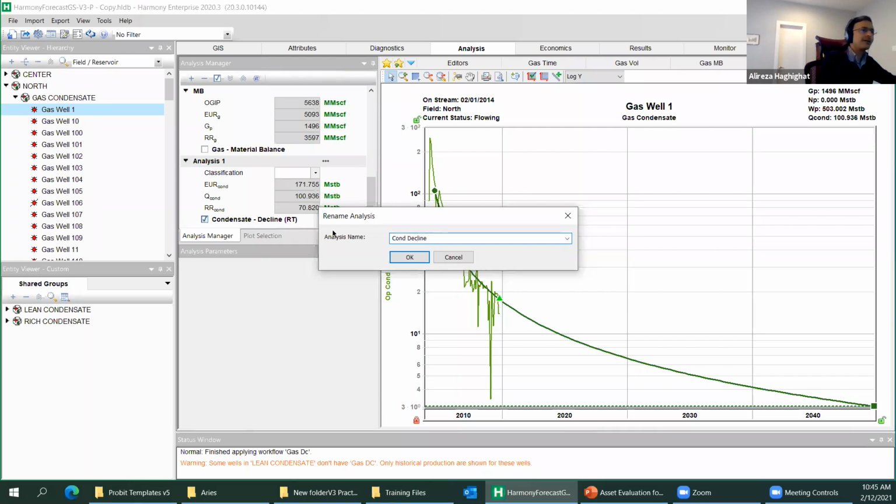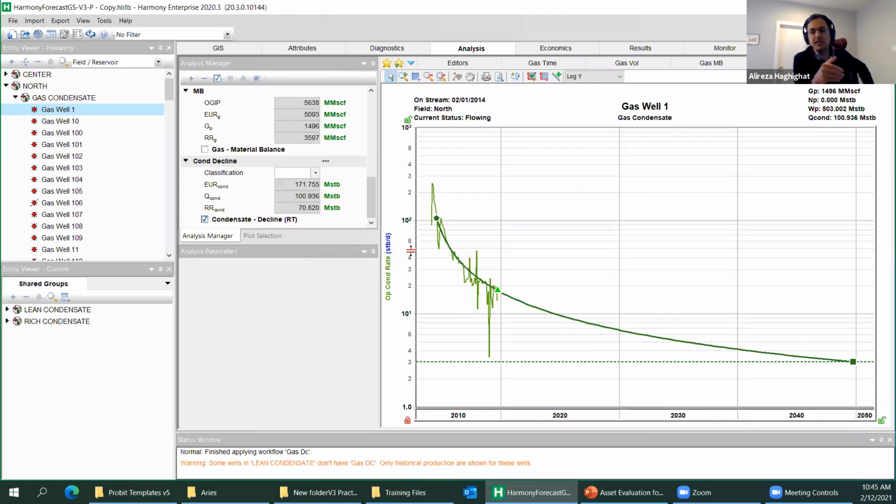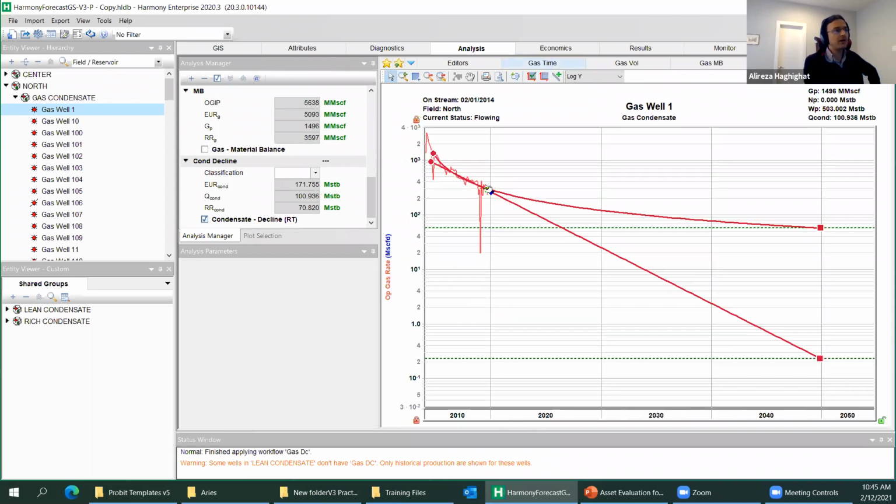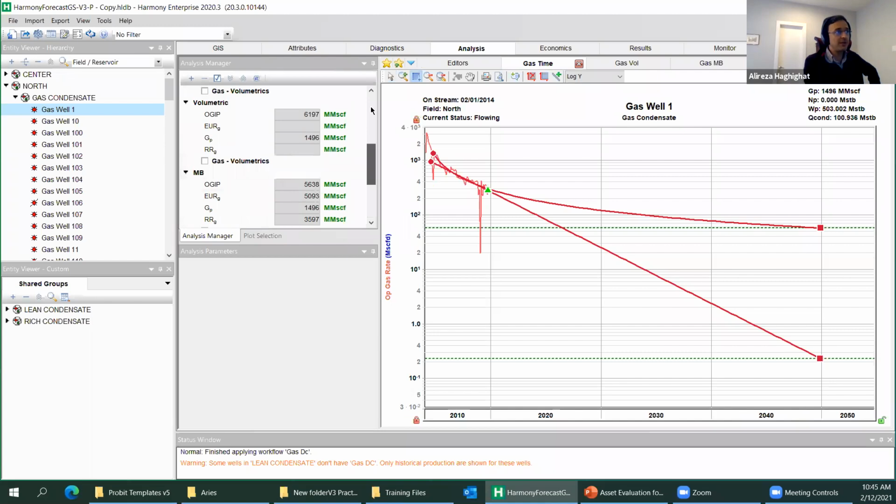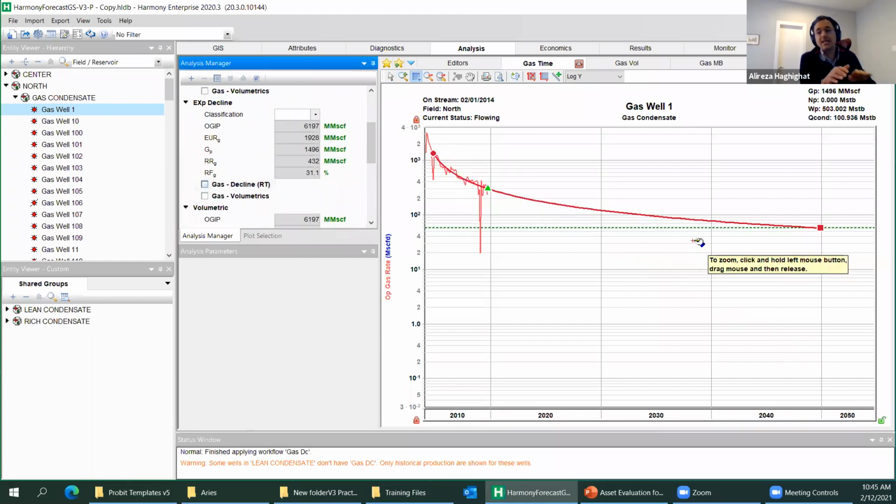decline. However, when we are dealing with hydrocarbon systems that include two different hydrocarbon phases, gas and condensate, the general workflow is you perform decline curve analysis for your primary phase, in this case gas, and then instead of forecasting the secondary phase with decline curve analysis, you perform something which is called ratio forecasting.